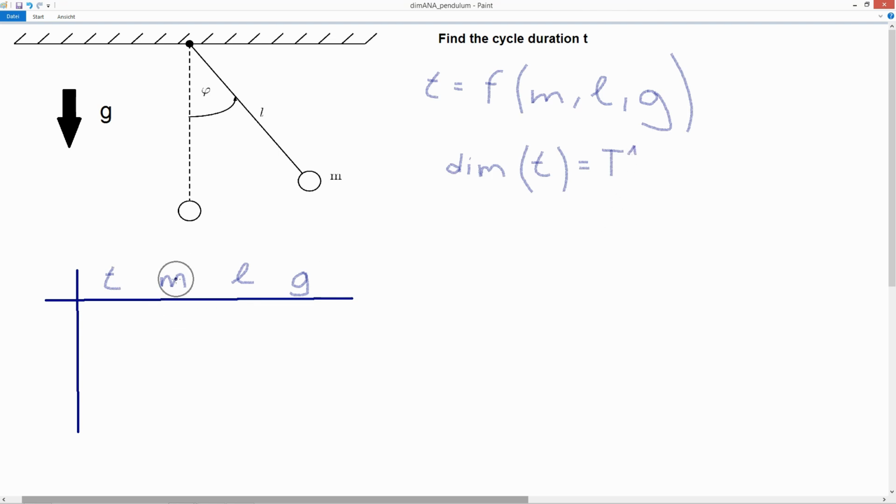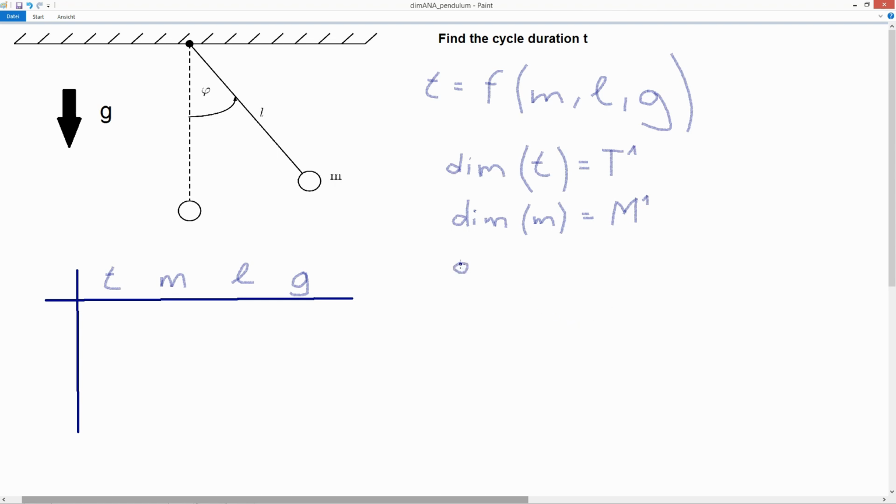We need the dimension of the mass, which is capital M to the power of 1.